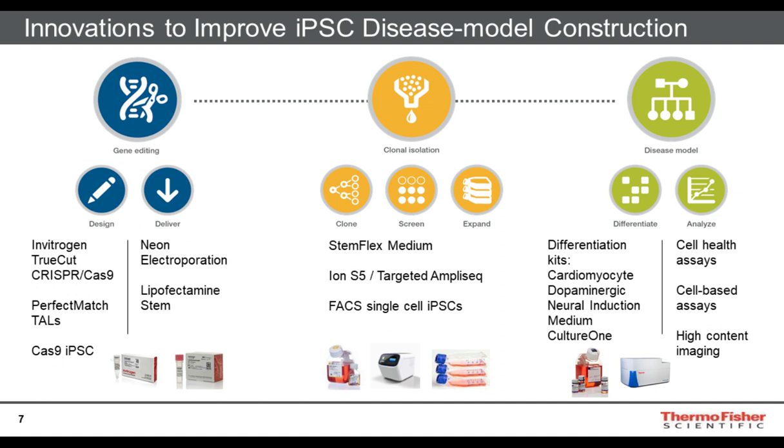In addition, we released Perfect Match TALs, which are an RNA-based TAL method, which is easier to deliver than DNA into the iPSCs. And third, we also have a Cas9 iPSC line, which is an iPSC line that stably expresses Cas9 protein. And I'll come back to these different tools in a minute.